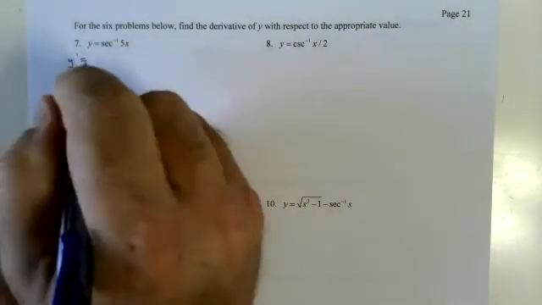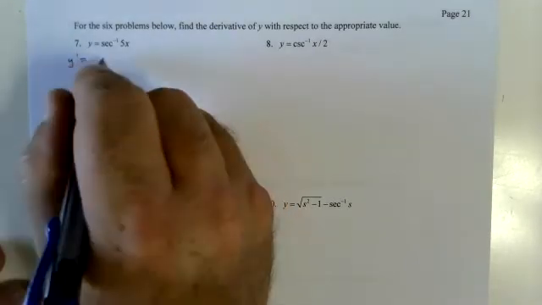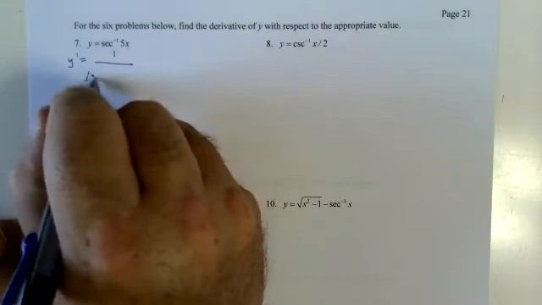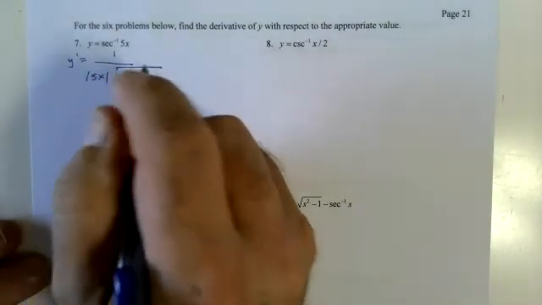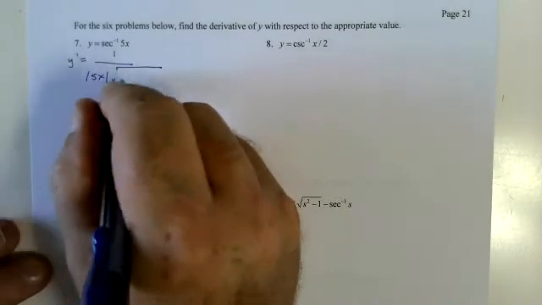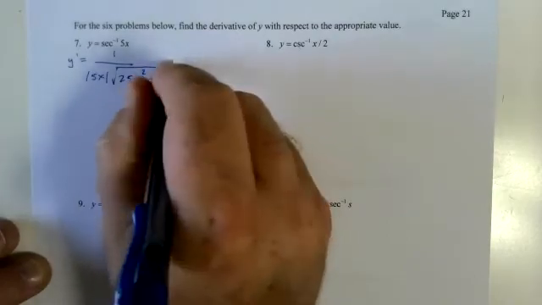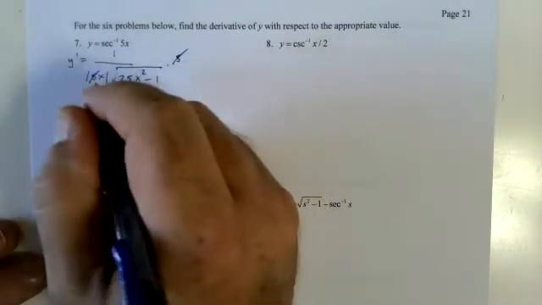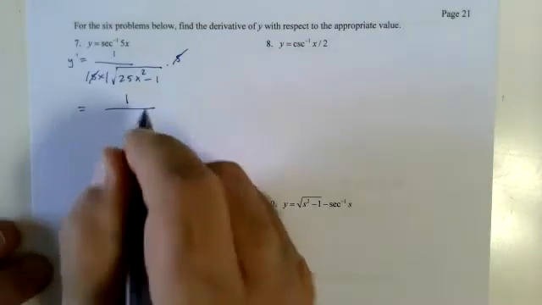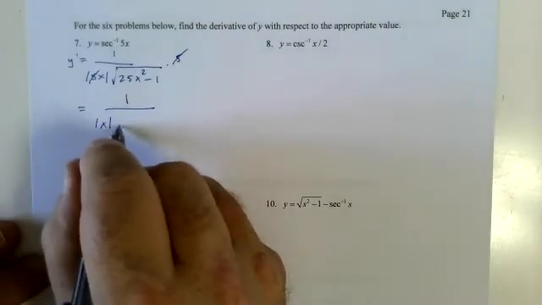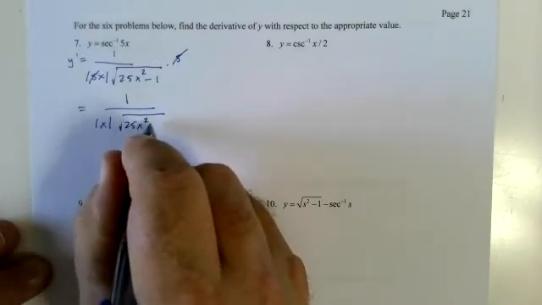Y prime equals 1 over absolute value of 5x, square root of 25x squared minus 1, times 5, equals 1 over absolute value of x, square root of 25x squared minus 1.